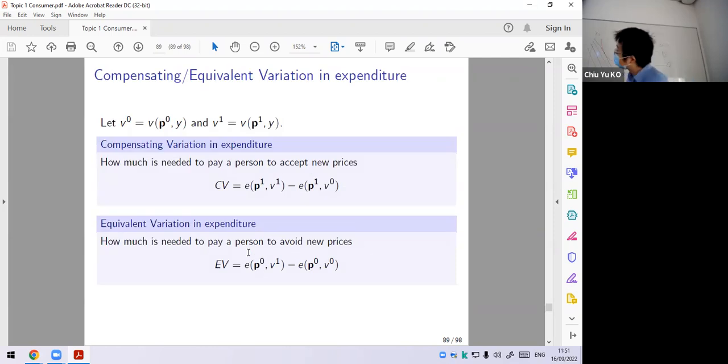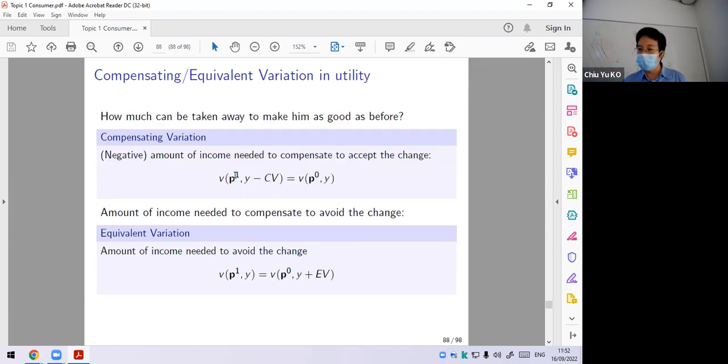Let's see how it can be derived. This turns out to be equivalent to the following. The CV and EV, just going back to this, CV is how much we need to take away in the new scenario.